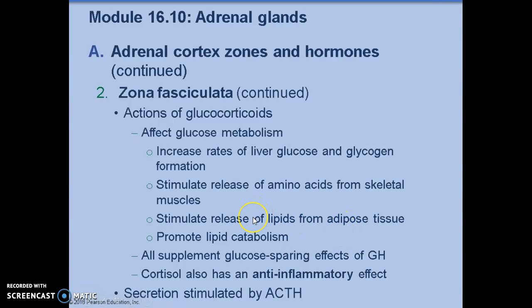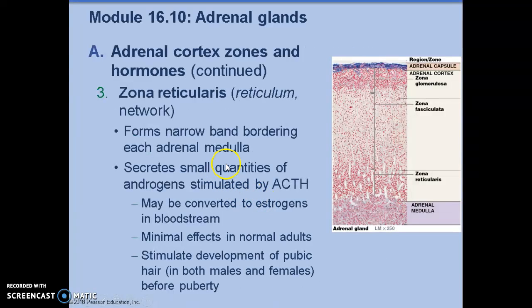And cortisol also has an anti-inflammatory effect, and that is why people would use a cream of hydrocortisone if they have a bug bite. Anti-inflammatory. The zona reticularis, the innermost zone, secretes small quantities of androgens, which are sex hormones.